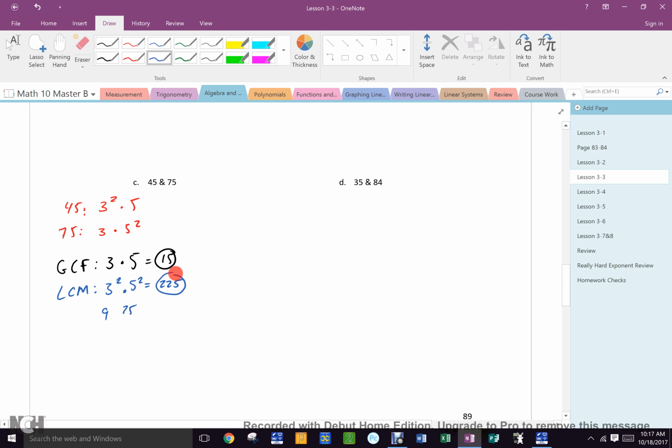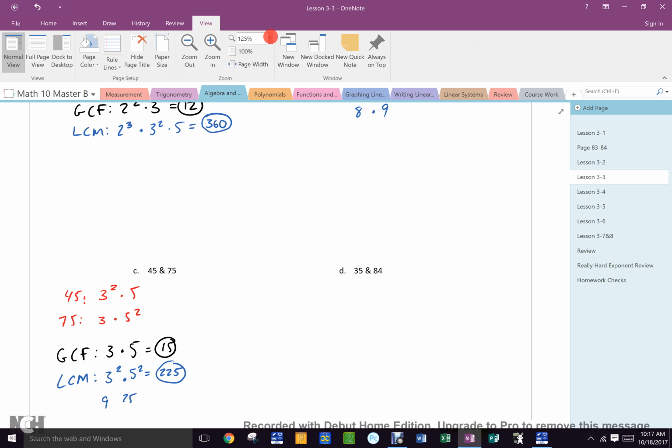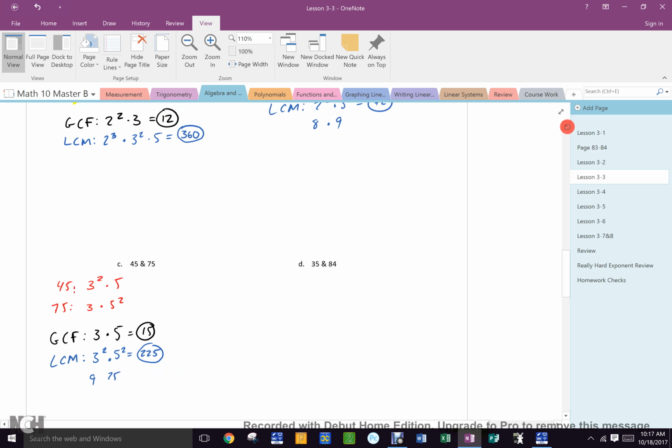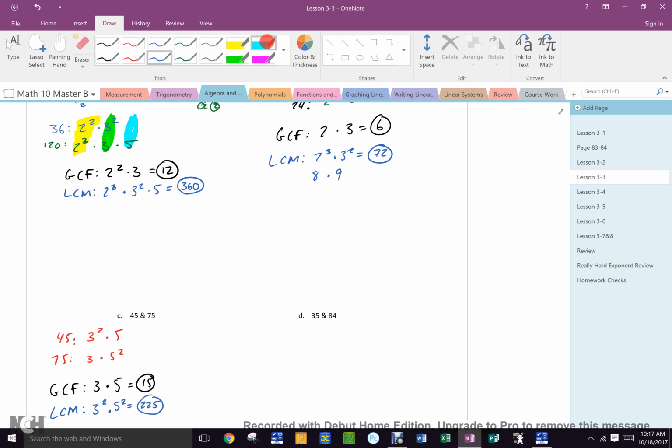Now, this is about when somebody usually notices a pretty big hint for lowest common multiple. Has anybody noticed a pattern in all 3 LCMs? I'm going to shrink it down so I can have them all on the screen at once. Has anybody noticed a pattern in all 3 LCMs?